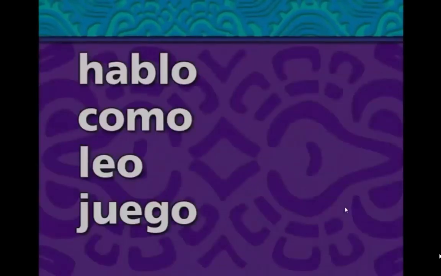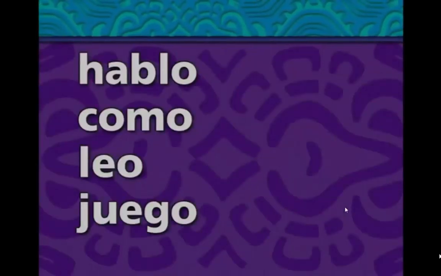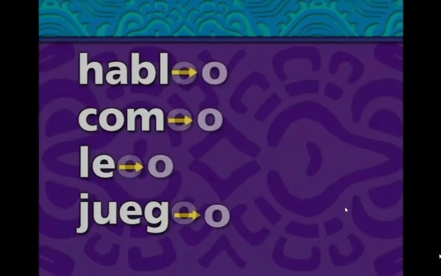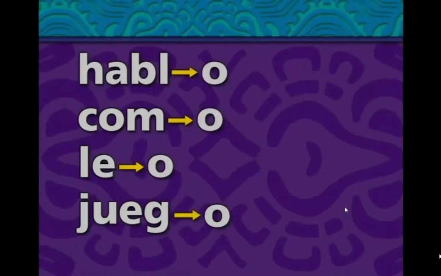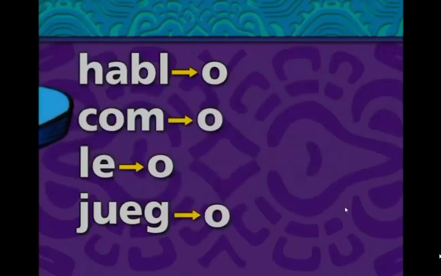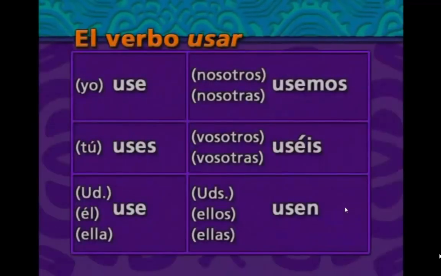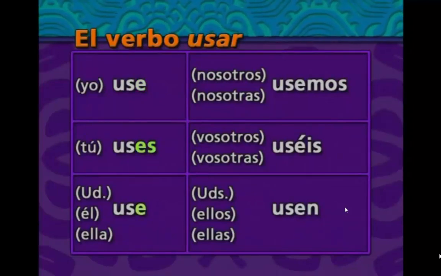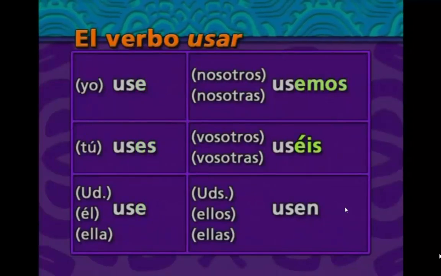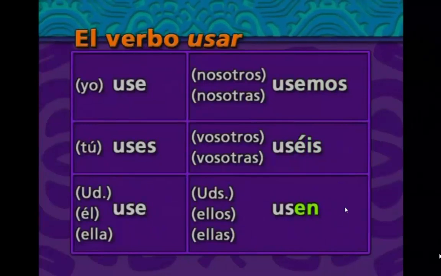To make the present subjunctive, take the yo form of the verb, drop the o, and add the subjunctive ending. The endings for AR verbs and ER or IR verbs flip-flop. The endings for AR verbs in the subjunctive are e, es, e, emos, éis, and en.